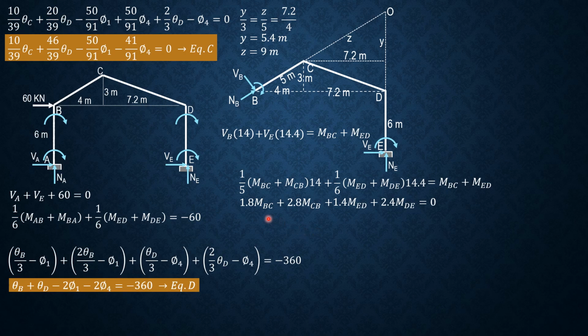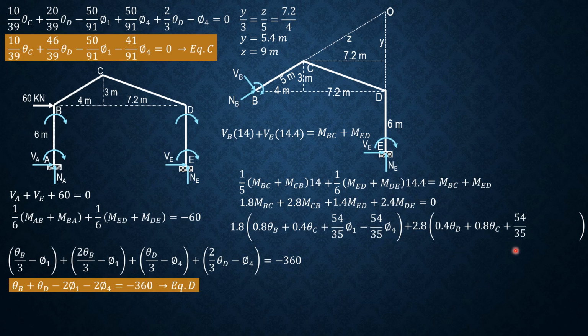Substitute the values of MBC, MCB, MED, and MDE. So 1.8 of MBC, which is 0.8 theta B plus 0.4 theta C plus 54 over 31 P sub 1 minus 54 over 31 P sub 4, plus 2.8 of MCB, which is 0.4 theta B plus 0.8 theta C plus 54 over 35 P1 minus 54 over 35 P sub 4.